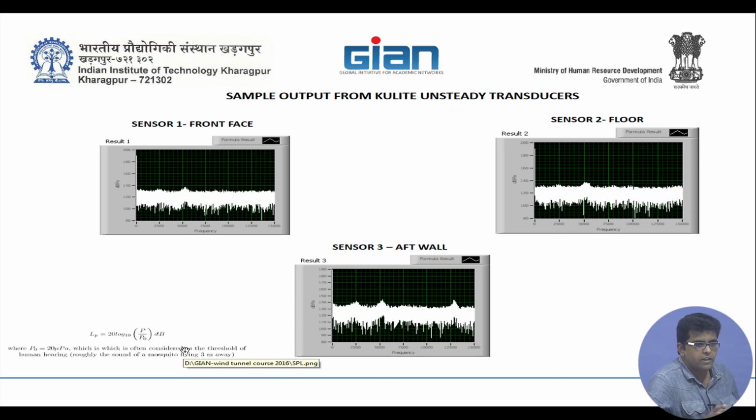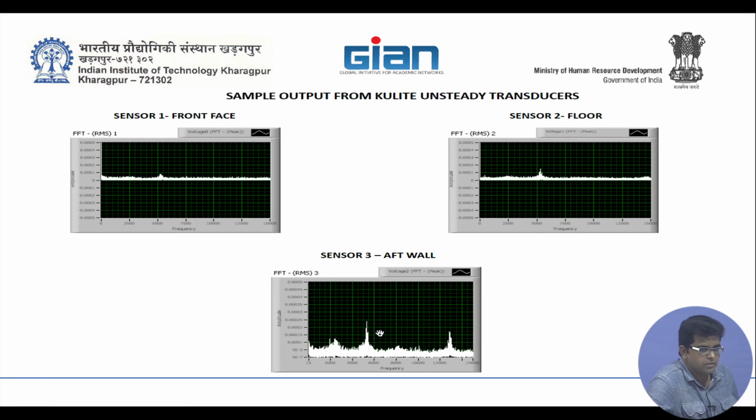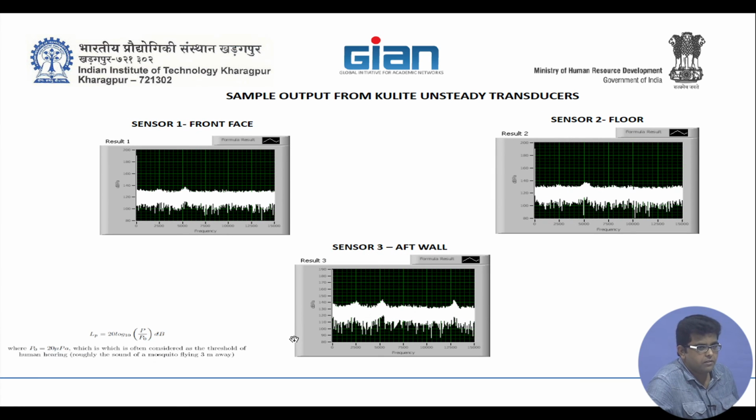So we take that as the reference pressure. P is the current pressure, this pressure, and P naught will be our reference pressure. For air, generally it is taken as 20. Yes, that is the practice. So that's the definition of sound intensity, or sound in decibels.